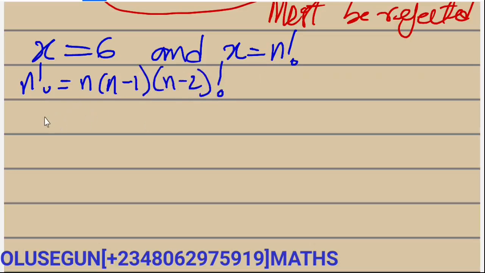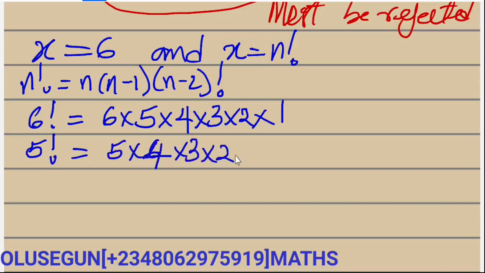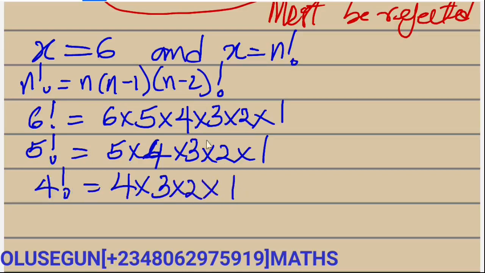For example, 6 factorial gives us 6 times 5 times 4 times 3 times 2 times 1. 5 factorial gives us 5 times 4 times 3 times 2 times 1. 4 factorial gives us 4 times 3 times 2 times 1. So this is the meaning of factorial.